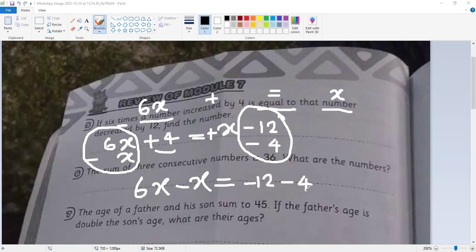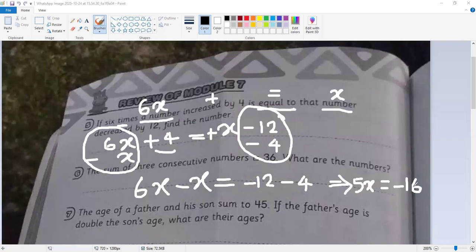Do we get that? So 6x minus x is what? Don't forget that there's a coefficient of 1 in front of this x. So it means 6 minus that 1, which is 5. So 6x minus x is 5x. Do we get that? 5x. And as such, is equals to minus 12 minus 4. We've done this before. That is minus 16.